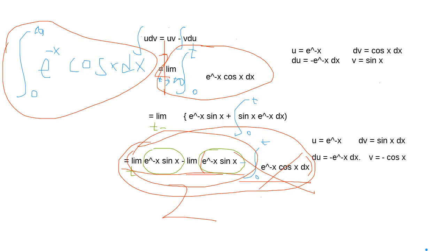We get e to the negative x sine x, or we could write sine x divided by e to the x. Right, I can put the e to the x in the denominator now. Then that's minus. Is this minus? Let's see. Plus this. Oh, minus, right, because it's negative. Okay, that's right. Minus.